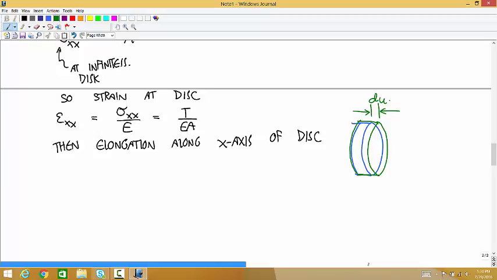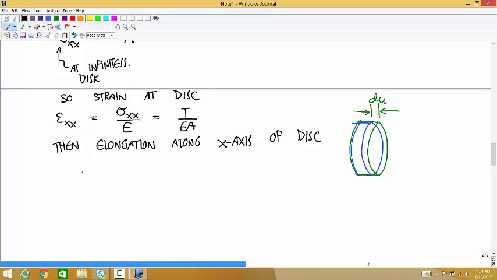Yes? What is the E again? In the strain? That is Young's modulus, so that depends on the material. So for a given internal load, if the material is really flimsy, you're going to get a bigger strain. If the material is really stiff, you're going to get a smaller strain. And that's going to translate to how much this disk stretches in the x direction.